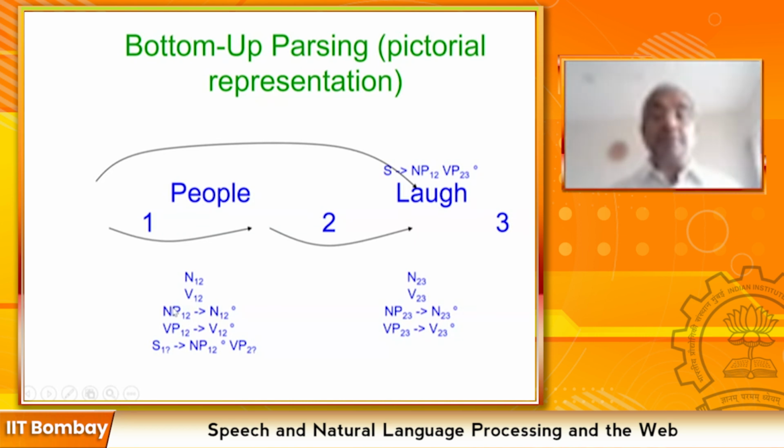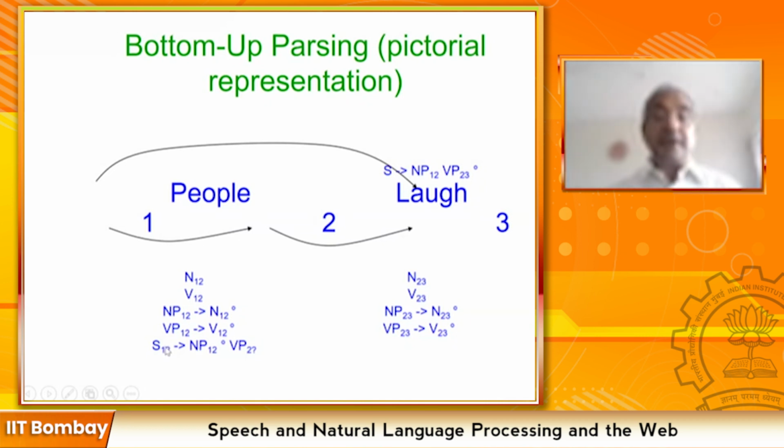So the work of finding a noun phrase is also done. So people forms the noun phrase. People could have been a verb phrase also because V12 has been found and there is a production rule in my context-free grammar, VP goes to V. So I have found a verb between position 1 and 2, and by applying the rule VP goes to V, I have found a verb phrase also between 1 and 2, and the dot goes over V.